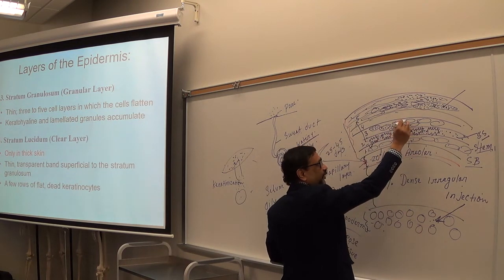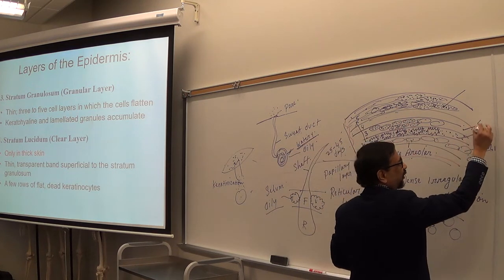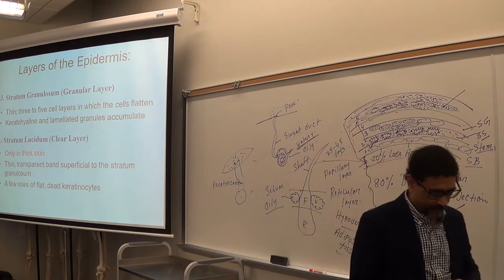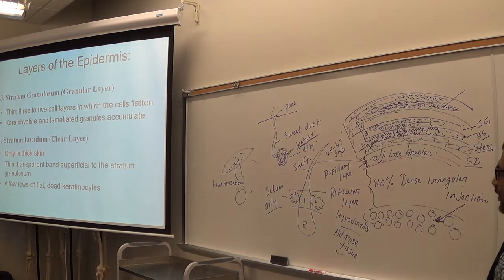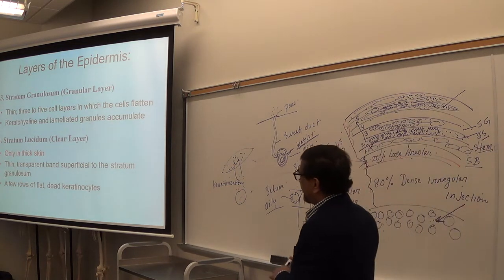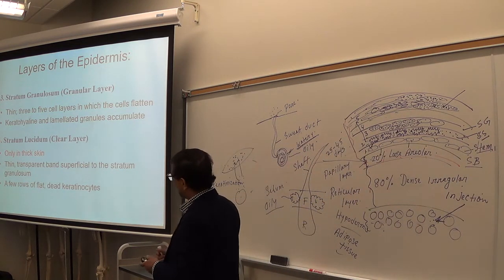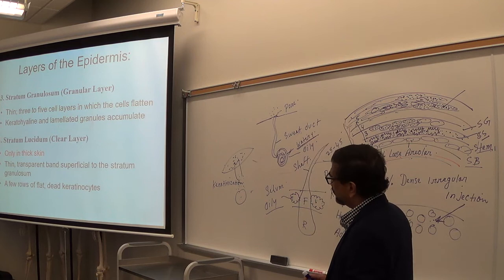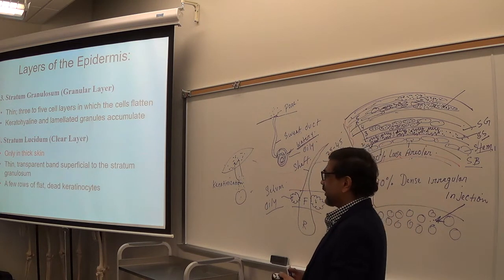That's why this is called granulosum. These granules are very important. They give the waterproofness. Because the first one has keratin in it, keratohyalin. These two both give the waterproofness.